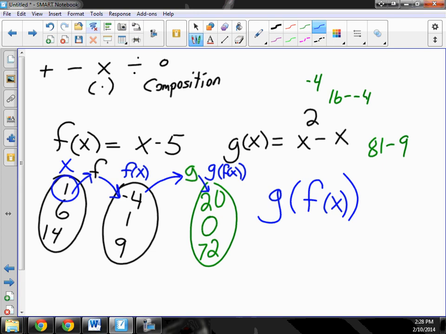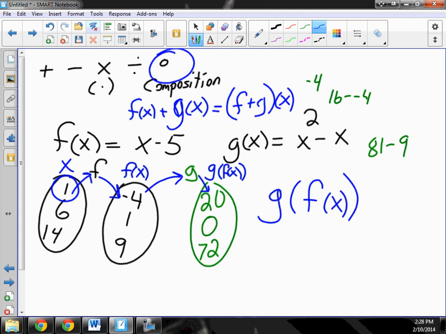In order to write its name, remember how we did f of x plus g of x? And its name was f plus g of x. So we're going to use this circle to create its name. But it's always backwards from the way that you want to do it. So its name is g composed with f of x.